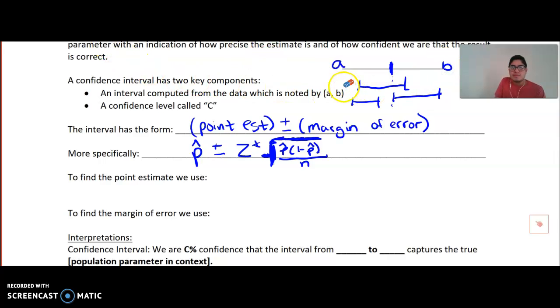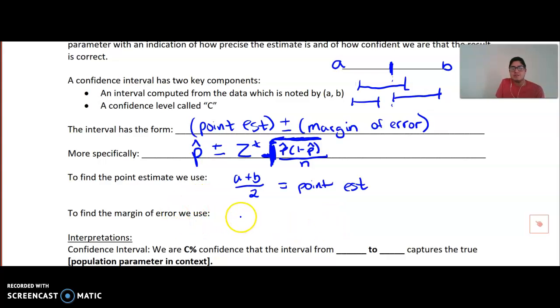All right. In order to find the middle of A and B, mathematically speaking, we're just going to add the interval and find the middle of it, essentially the median, or the average of the two values. So I would take my start point and my end point, divide that by 2 to find the point estimate here. So that will give us the point estimate. And again, this is just general. When we do a specific interval, that would be our p hat.